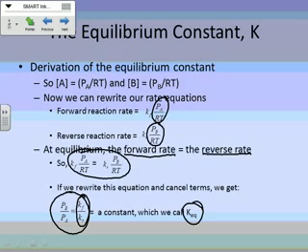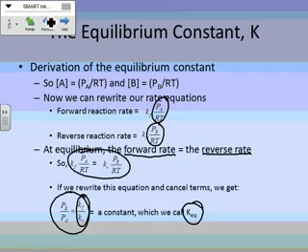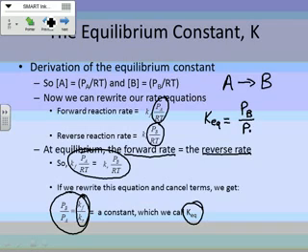So what we end up with here, if you have reaction A going to B, is the equilibrium constant for this reaction. Once it reaches equilibrium, it's the pressure of B over the pressure of A. Okay? And so hopefully that makes sense.